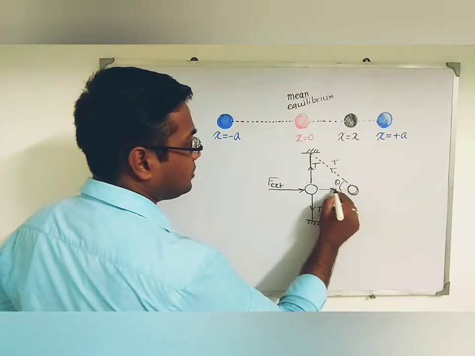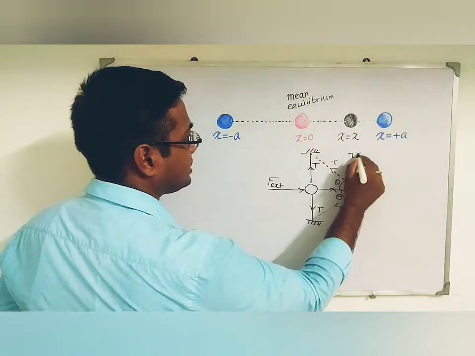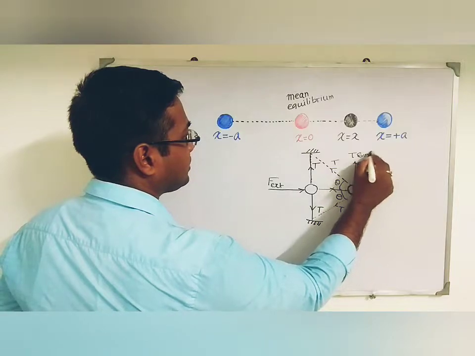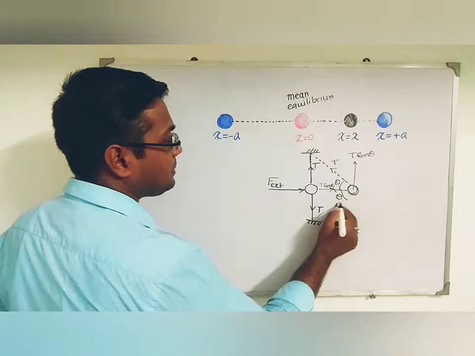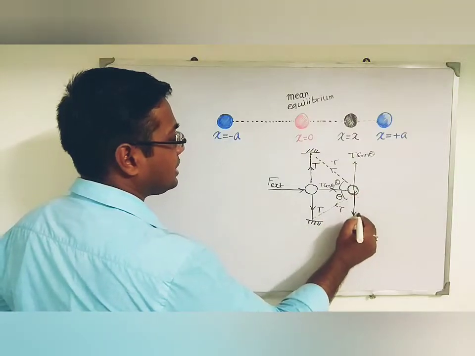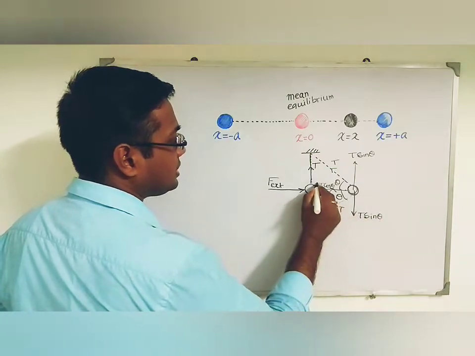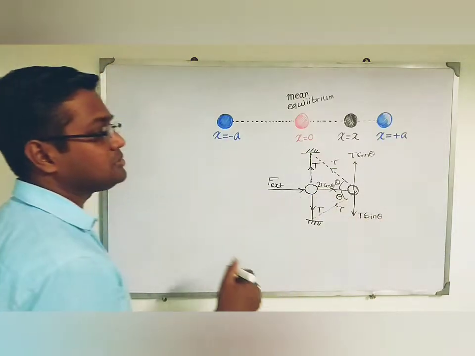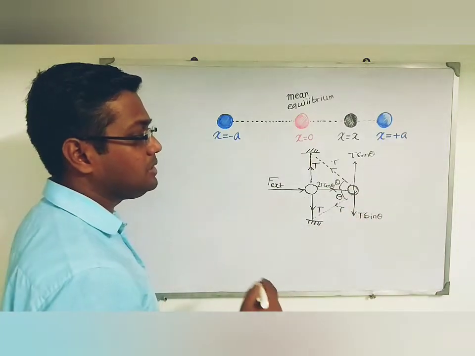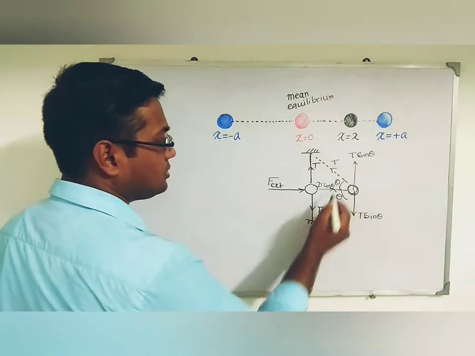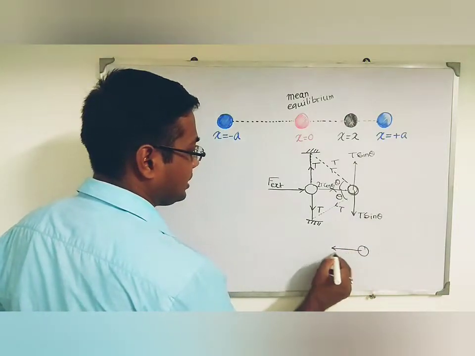The two components of this tension force capital T are T sin theta and T cos theta. T cos theta is in that direction, so we can say it is 2T cos theta. T sin theta and T sin theta completely cancel out. So it is under the action of 2T cos theta only.